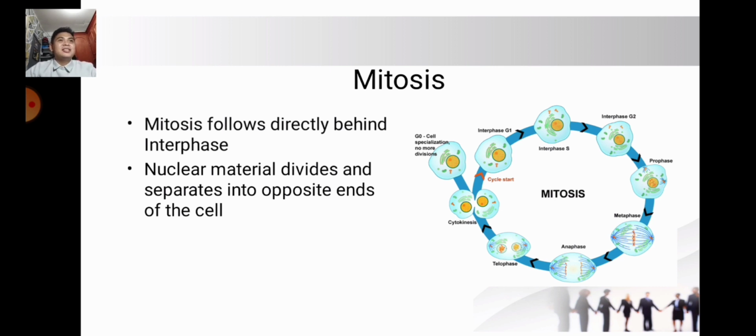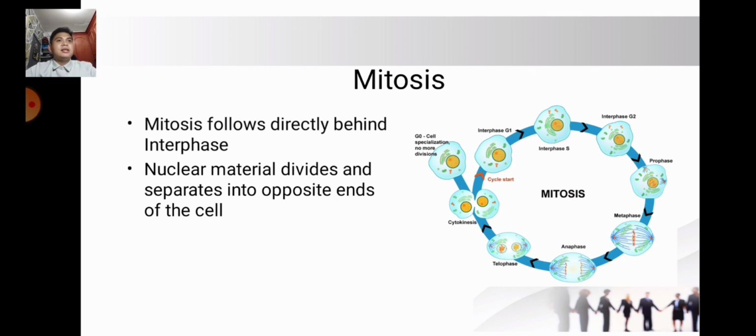And next is the cytokinesis. Here in this part, cytokinesis occurs when the constricted remains of polar spindle microtubules and also a contractile ring create a cleavage furrow.